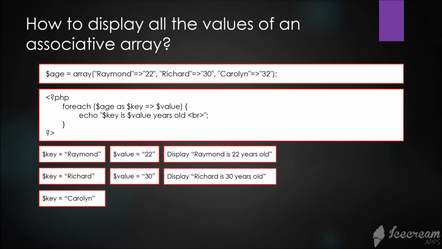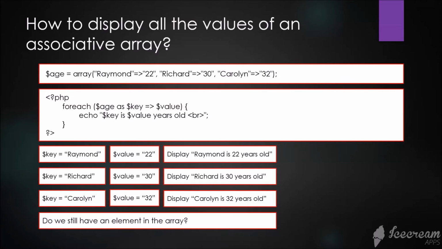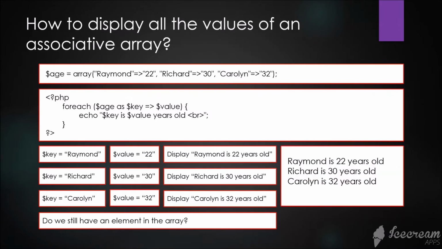So until such time, we reach the last element. And then we're going to ask, do we still have an element in the array? So if there are no more elements in the array, our looping will stop. And the final output will be this one. Okay? So that's how we display all the values in an associative array. Okay, guys?